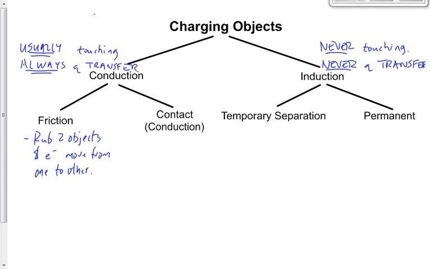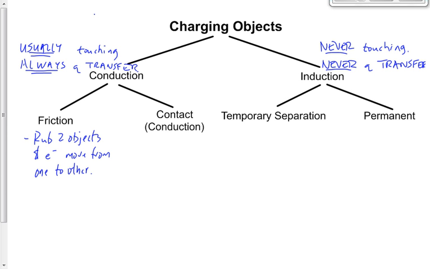If you have two objects that are neutral, you rub them together, one becomes +4. What does the other one become? You guys know this. The law of conservation of charge says charge can't be created or destroyed. Neutral and neutral. Rub them together, +4 and -4, because they've got to add up to give me 0.